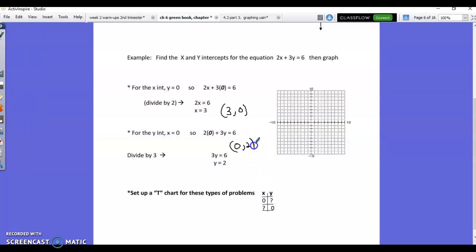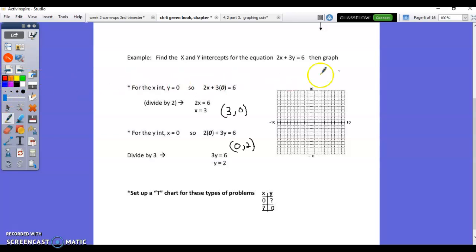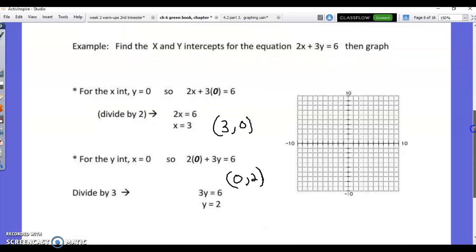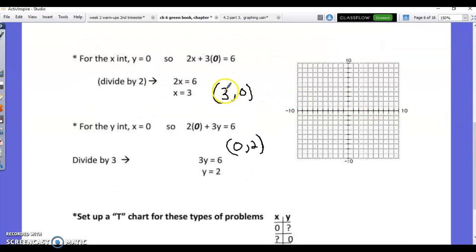All right, so if we're graphing given the intercepts, now we have to plot these 2 points. So we're going to go ahead and do that on this coordinate plane. Make this a little bigger. So when x equals 3, y equals 0, so 1, 2, 3, and we don't go up or down because it's on that axis. And 0, 2.